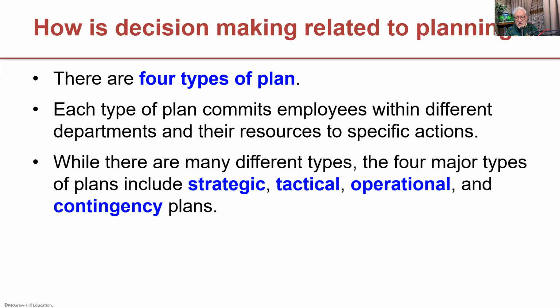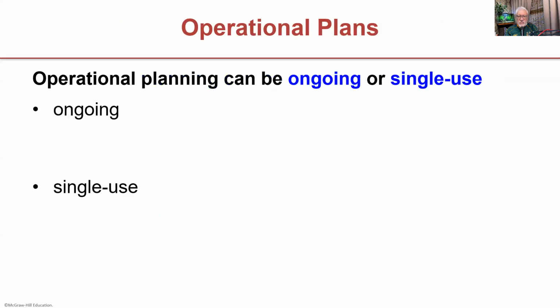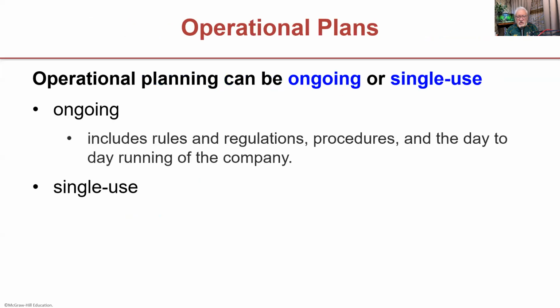If we look at operational plans, because I'll start there, I'm going to point out to you that we talk about the plans that happen inside the factory, let's say, or happen on the shop floor in Checkers or Pick n Pay. Those plans can be ongoing or they can be single use. An ongoing plan is the stuff that you do in as routine a way as possible, even if it is complex.